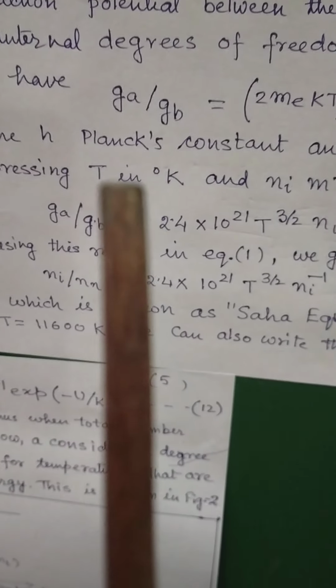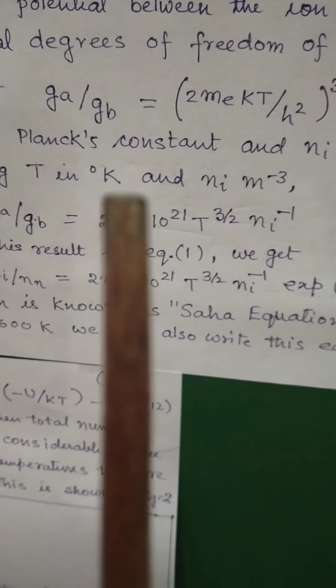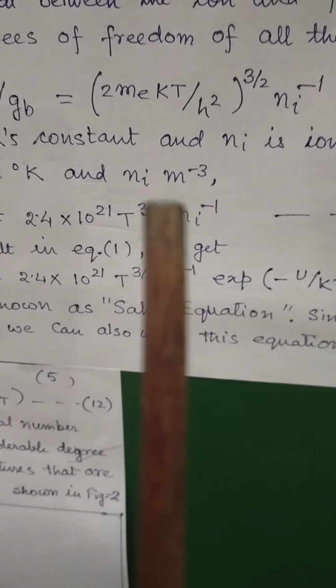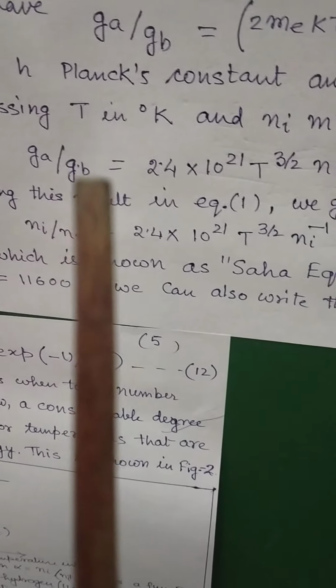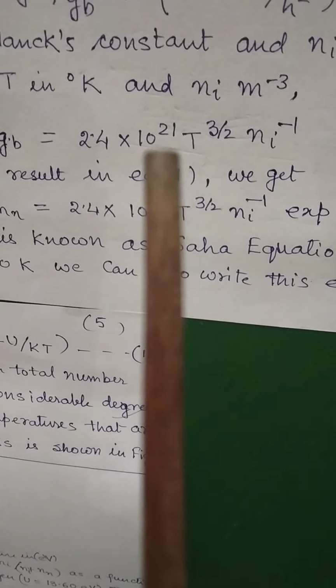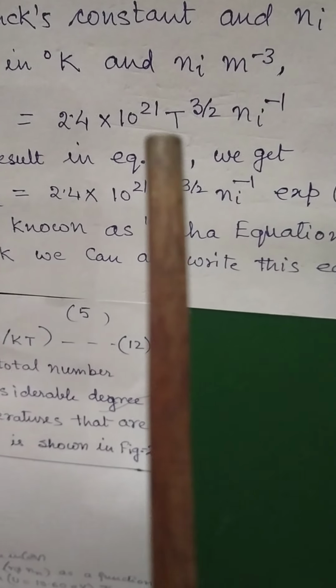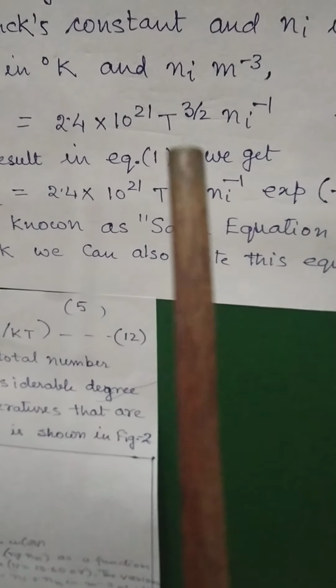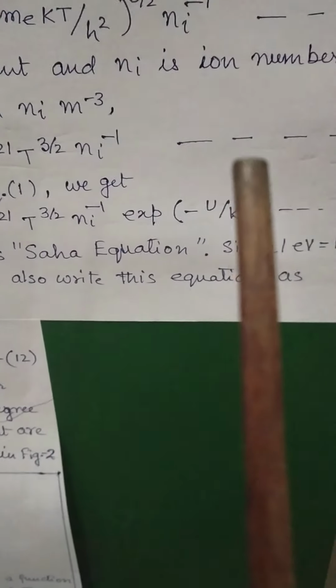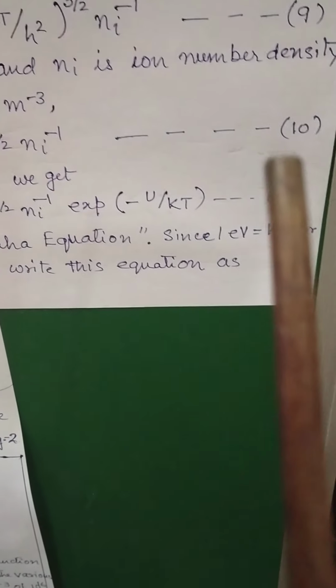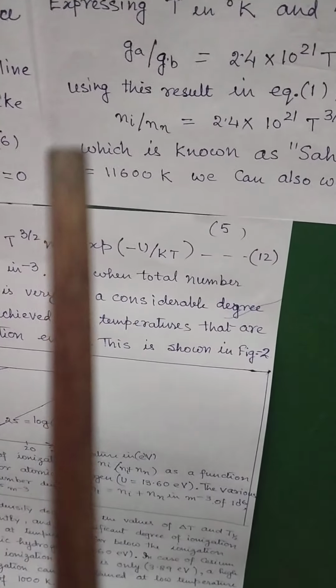Now expressing T in degree Kelvin and ni in m^-3, Ga upon Gb is equal to 2.4 × 10^21 multiplied by T^(3/2) ni^-1. Let it be equation number 10.